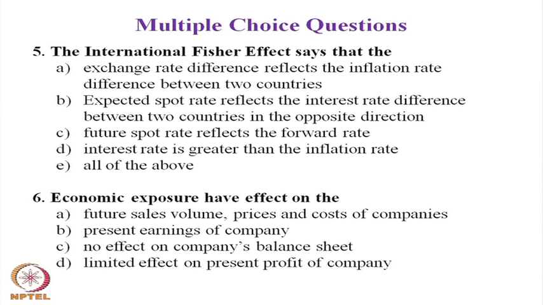B, the expected spot rate reflects the interest rate difference between two countries in the opposite direction. C, the future spot rate reflects the forward rate. D, the interest rate is greater than the inflation rate. E, all the above. Mark the answer, keep it with you.